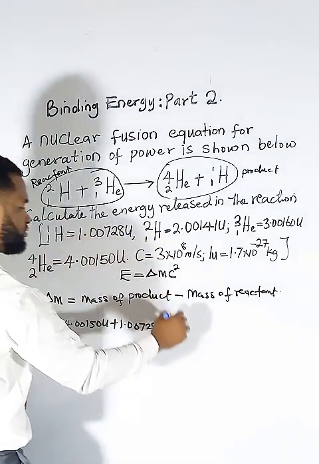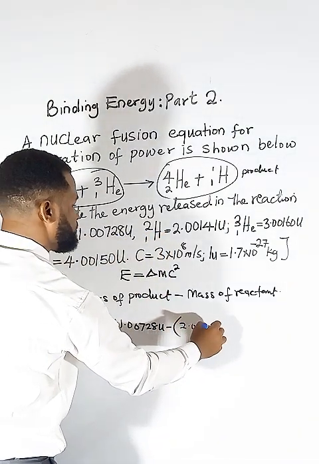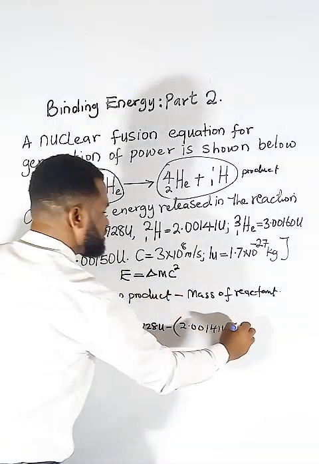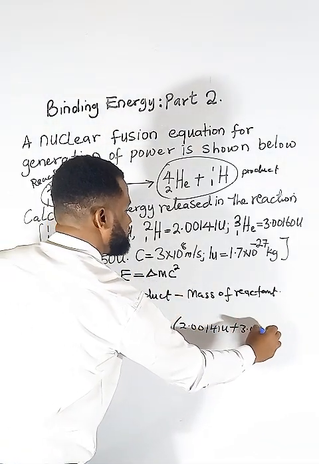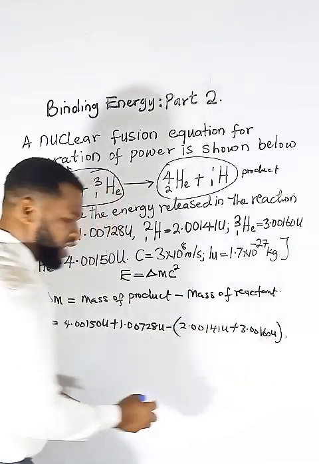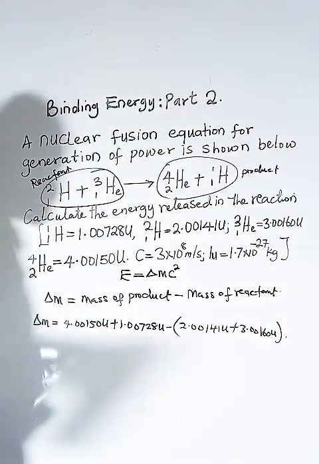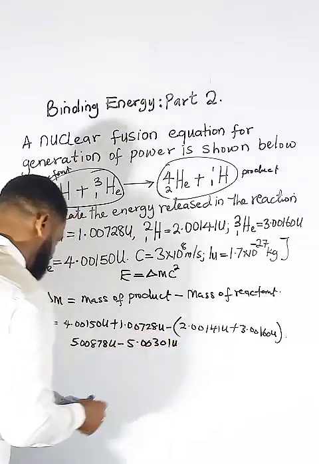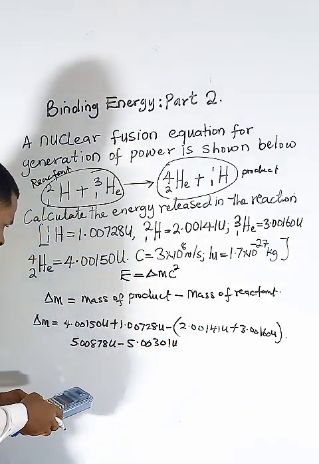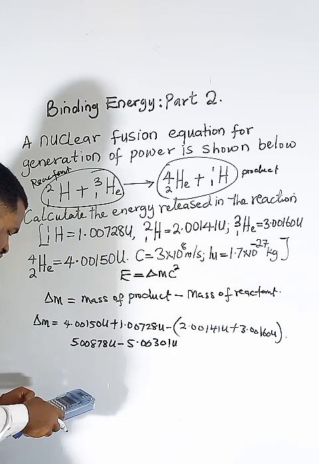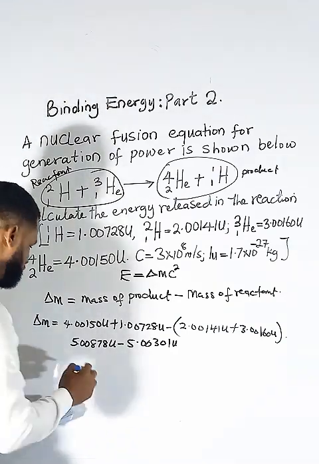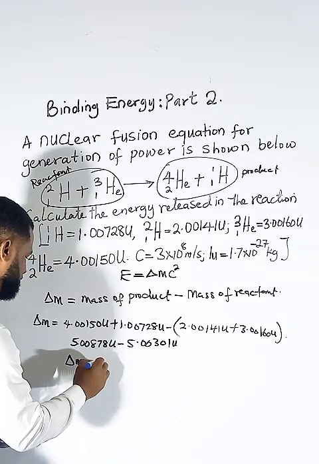This value, which is 2.00141 u, plus this atom, which is 3.00160 u. Now we use our calculator. When we subtract, we say 5.00878 minus 5.00301.